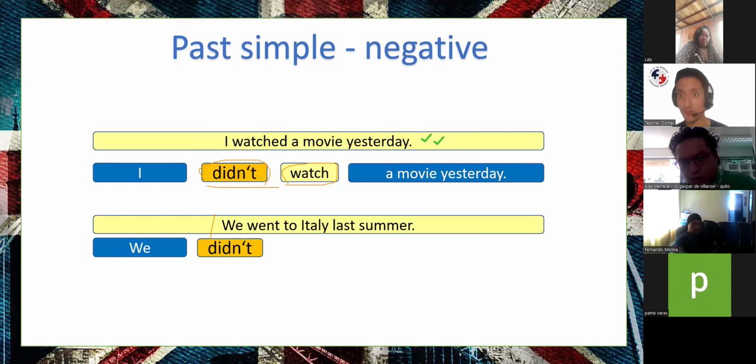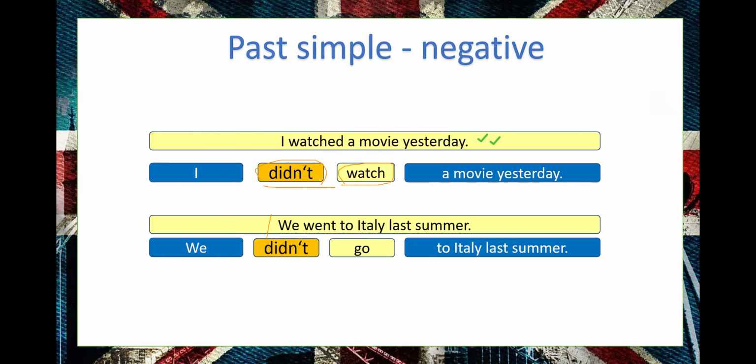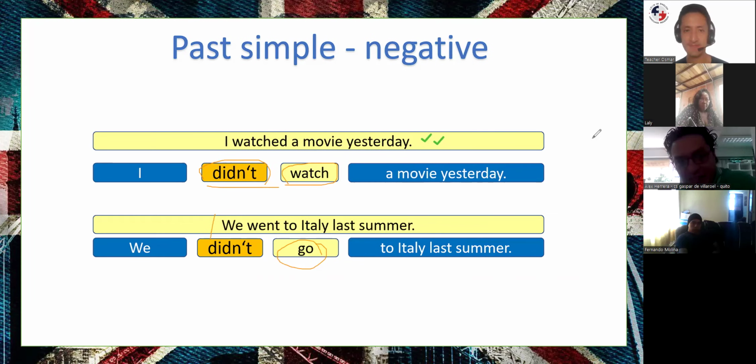We didn't go to Italy last summer. Okay? Don't you forget, for both, for regular or irregular verbs, the verb in negative goes to the infinitive form. Right? Para negativos, for negatives, recuerden, no importa si es regular or irregular, el verbo vuelve a su forma original, to its original form. Right?